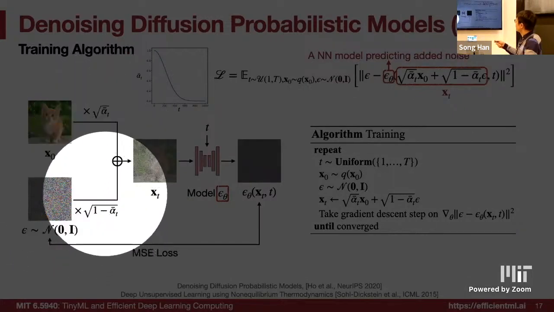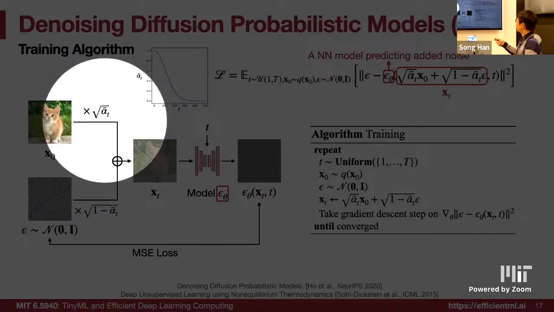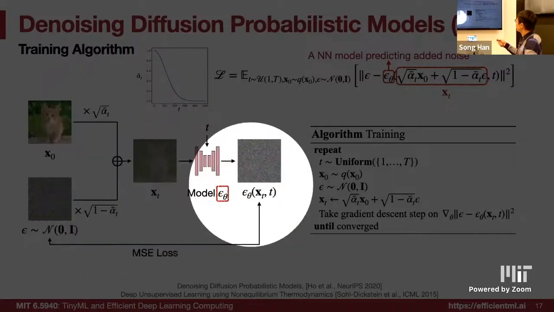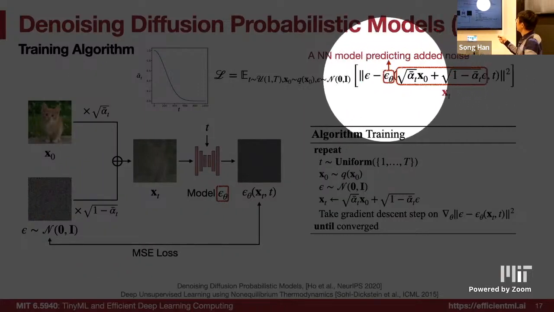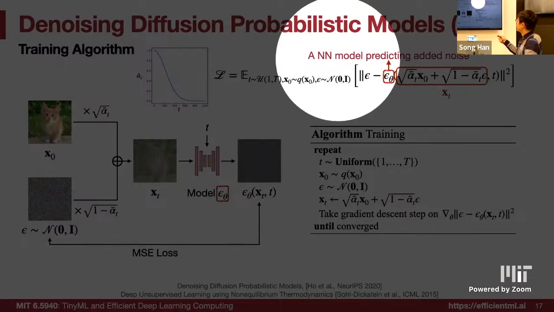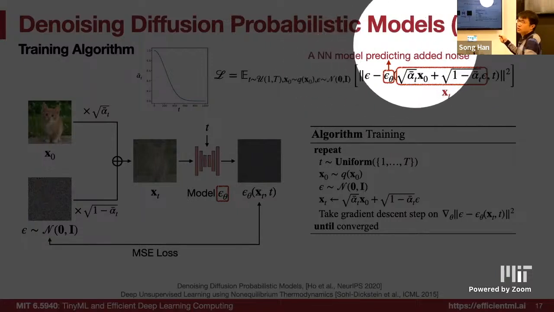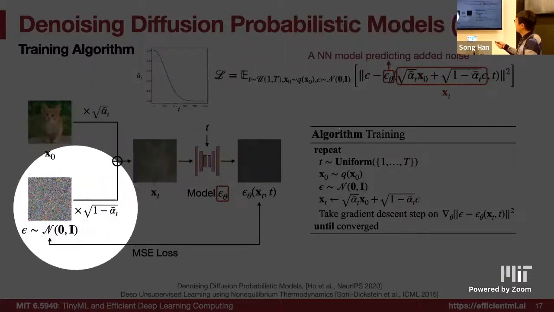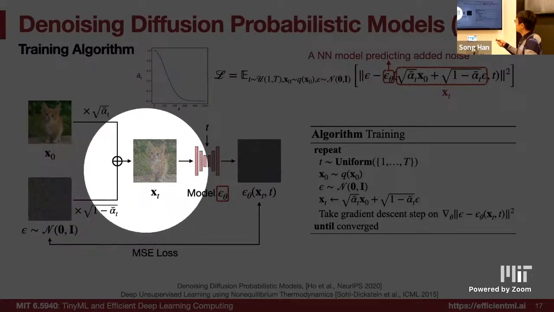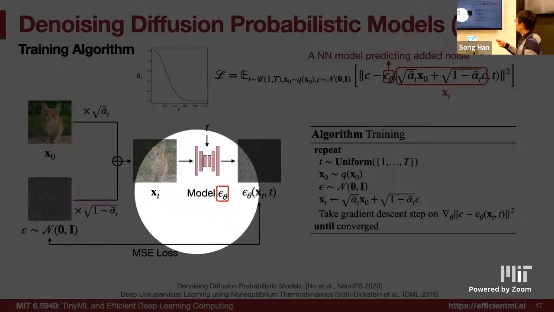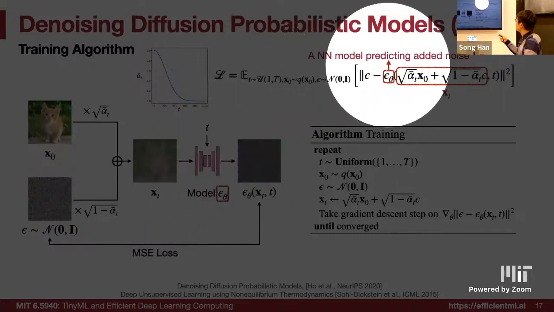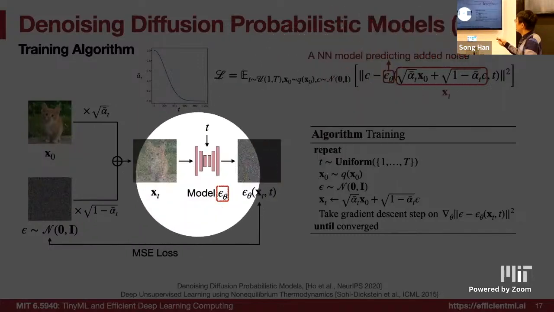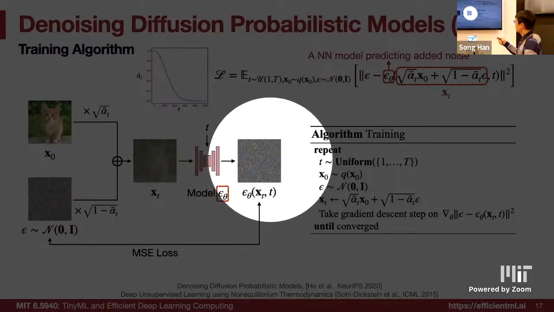So square root of alpha t times x0, plus square root of 1 minus alpha t times the noise, which is exactly the same here. And epsilon theta is the neural network model predicting the noise. We add them together, we get xt, and then we pass it through the model epsilon theta to predict the added noise. And this is our predicted noise.